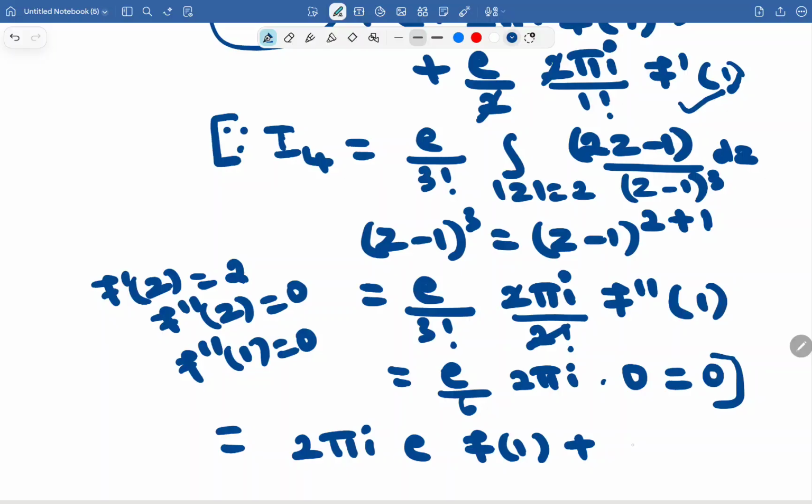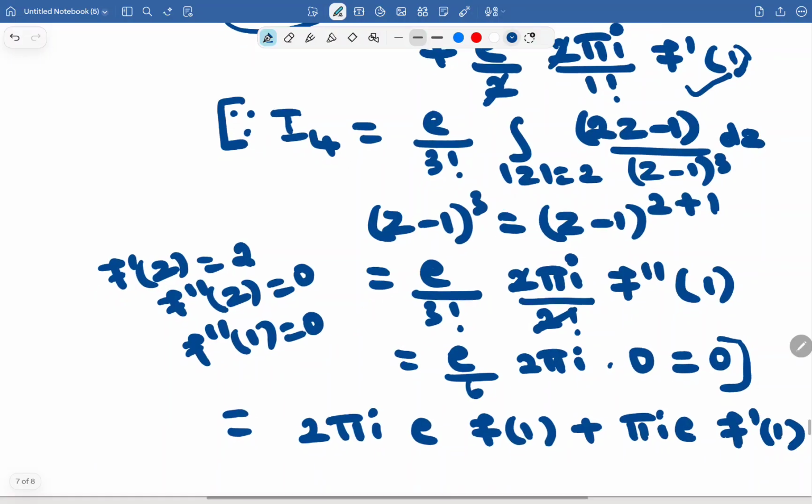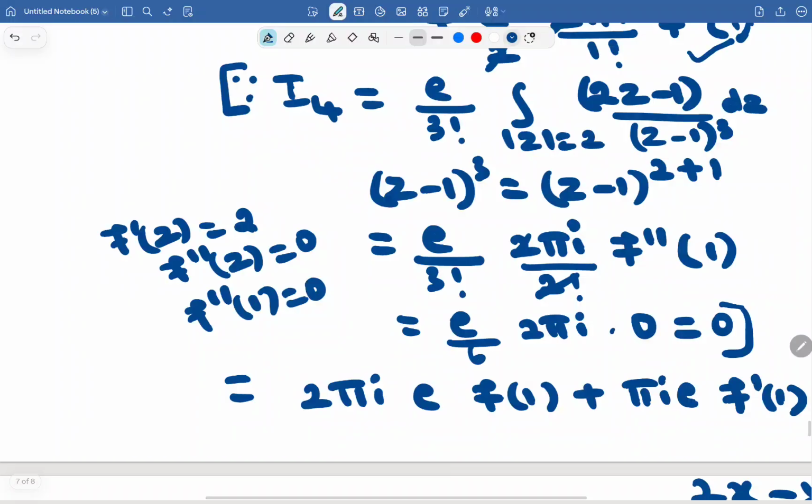Plus pi i e f dash of 1. f dash of z is 2.